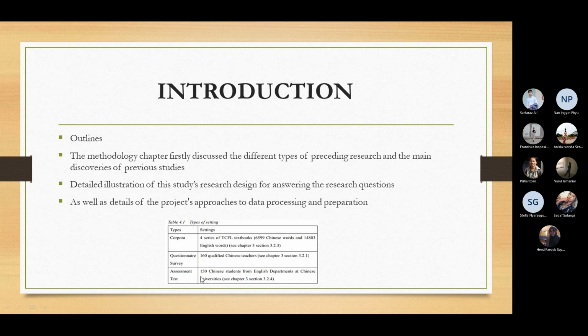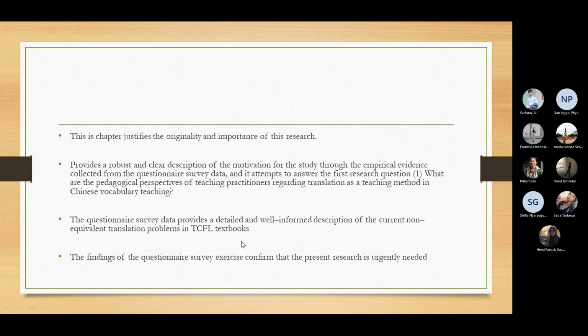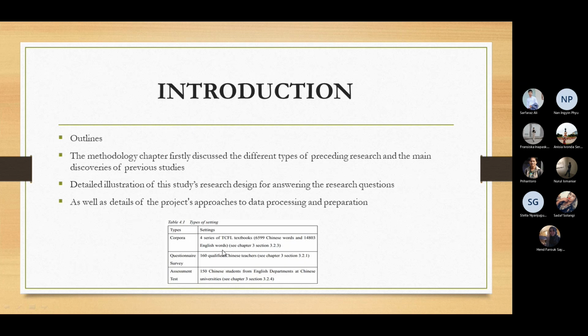You can see that different types of settings are utilized in this chapter. The researcher has first applied the corpus setting, then designed the questionnaire survey, and then presented the assessment test. There are also figures showing how he utilized them.